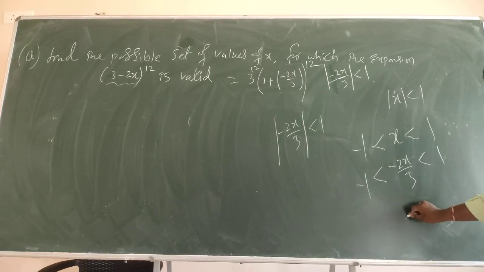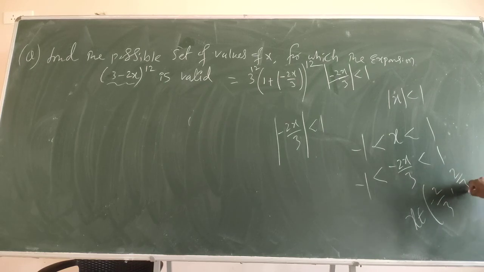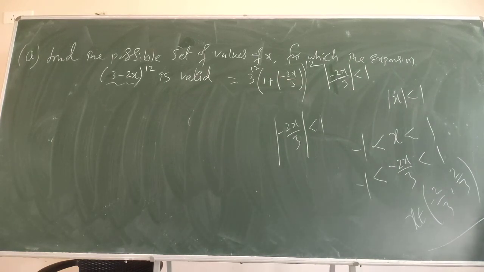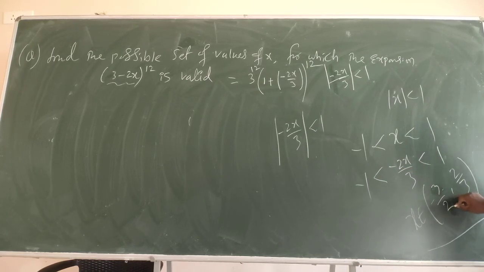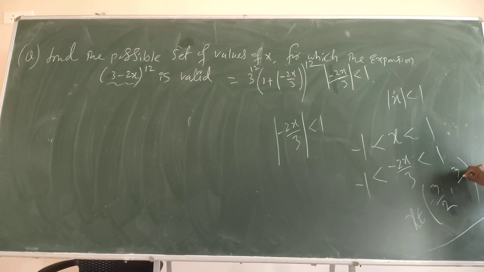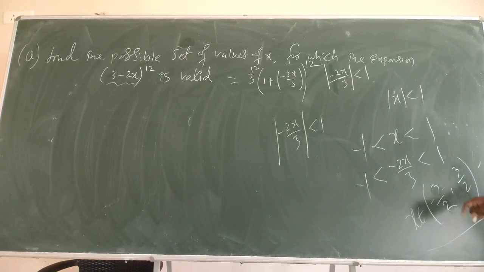You will get x belongs to minus 3 by 2 comma 3 by 2, because when it goes to this side, 3 by 2 comes. Understood? So x lies between minus 3 by 2 to plus 3 by 2. Is it clear? So this concept is over.